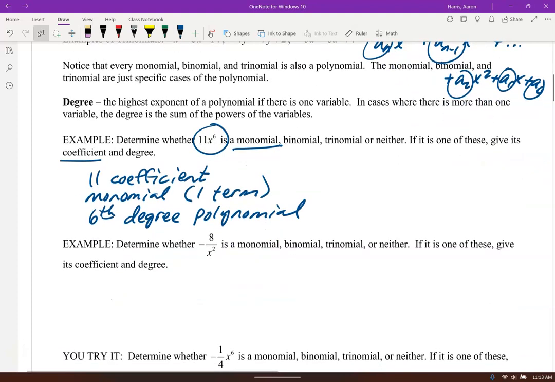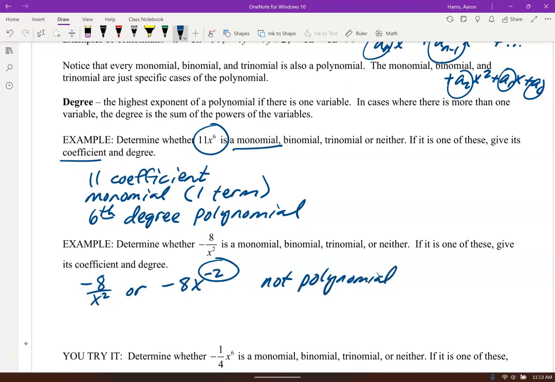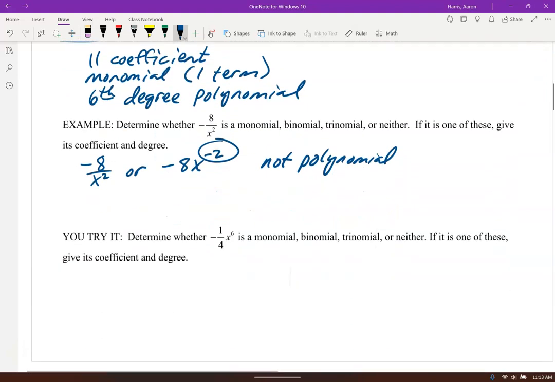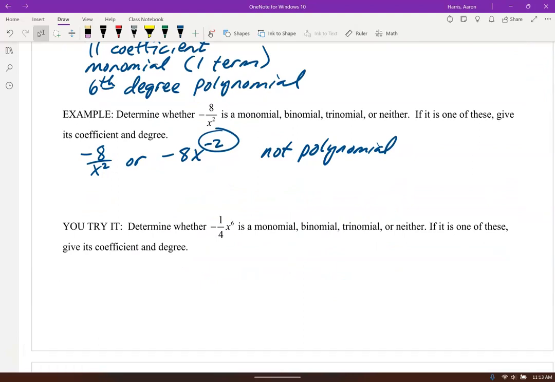Okay, so this one, for example, negative 8 over x squared, let me write that this way, negative 8x to the negative 2. See, that negative 2 cannot be a negative exponent. So this is not a polynomial at all. Okay. This one, negative 1/4 x to the 6th, this is fine.